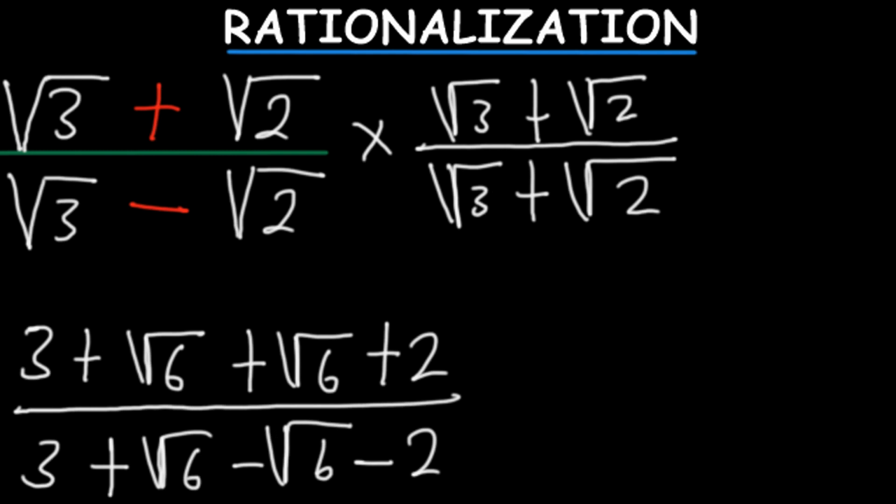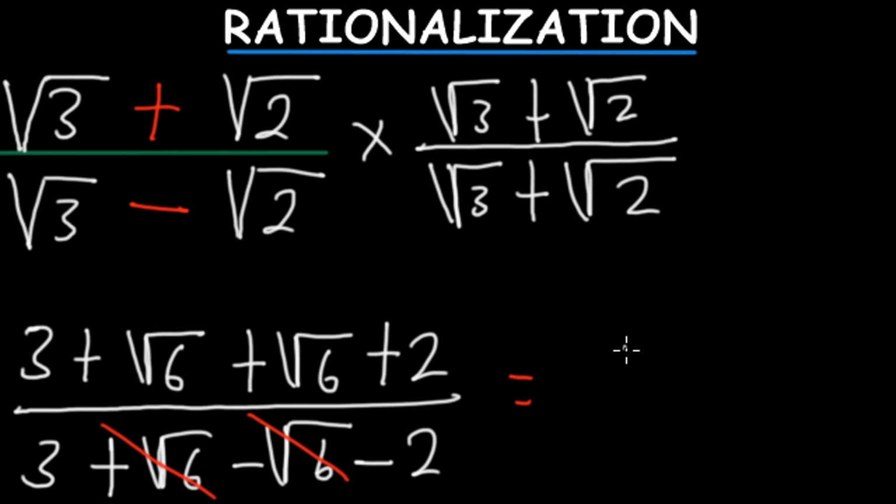So this negative root 6 cancels the positive root 6, and we're going to be left with 3 plus root 6 plus root 6 plus 2. Let's add 3 and 2 together, that becomes 5.